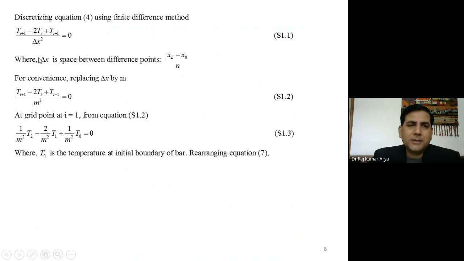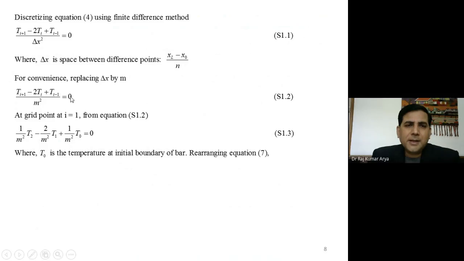Right? Now this h is delta x, nothing but the h which we have to consider. I'm not using h here because generally in heat transfer h is taken for the convective heat transfer coefficient, but to avoid confusion I have just taken delta x only. So delta x can be calculated from here, x L minus x naught divided by the number of difference points in between. Fine.